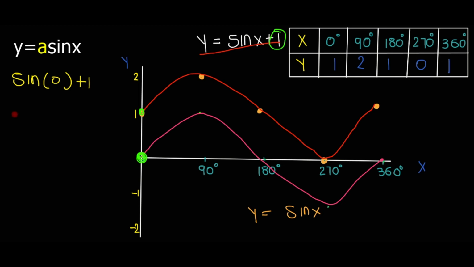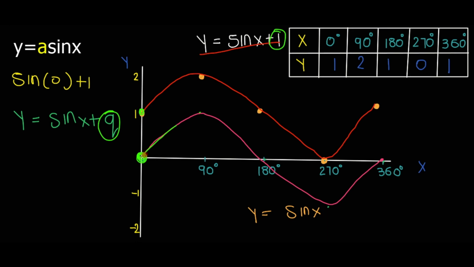So let's say they give you this equation, y = sin x + q, and then they ask what is the value of q, and to draw this graph. The first thing you must do is remember the original graph of sine. The original graph of sine always starts at 0.